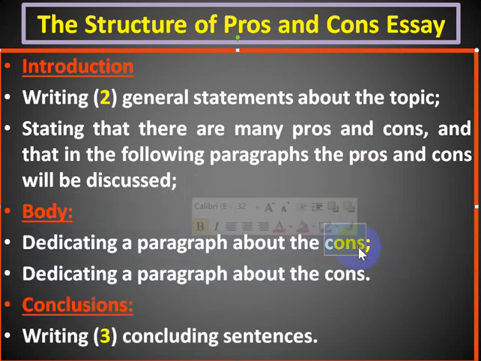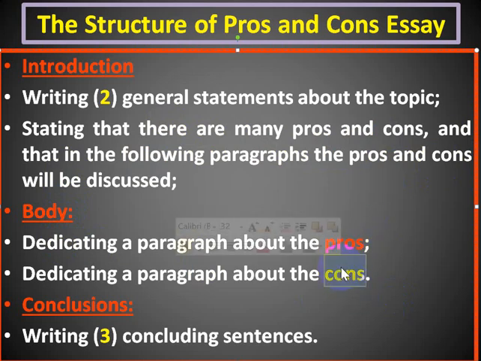For the cons. So here we have the introduction, two statements, and the last sentence is where we state that the following paragraphs will talk about the pros and cons of the topic. In the body, we don't have only one paragraph, we have two paragraphs, one for the pros and the other one for what? For the cons.